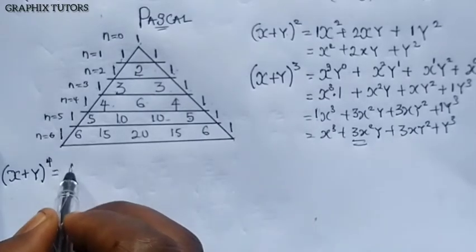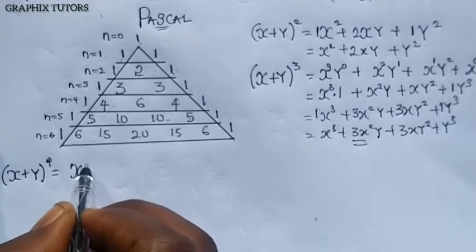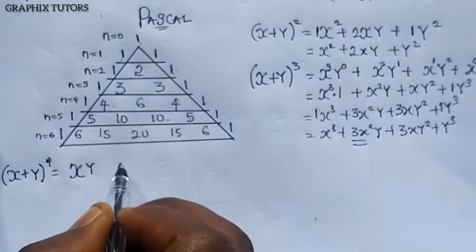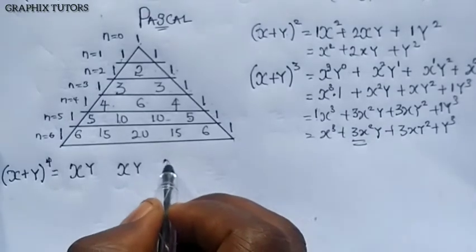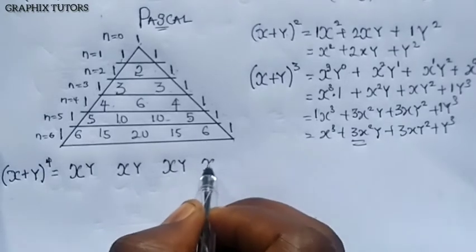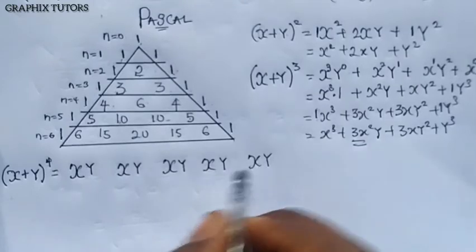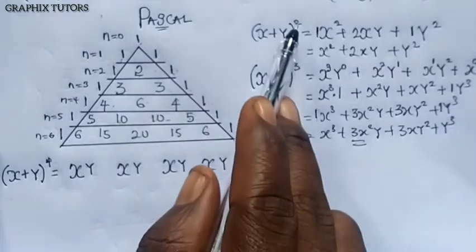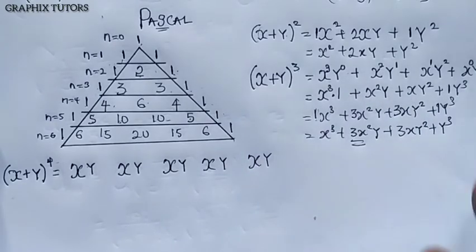I'll have x, y, this is 1; x, y, this is 2; this is 3; this is 4; and this is 5 because it is 4. When it is 2, add it into 3. When it is 3, add it into 4, and so on.